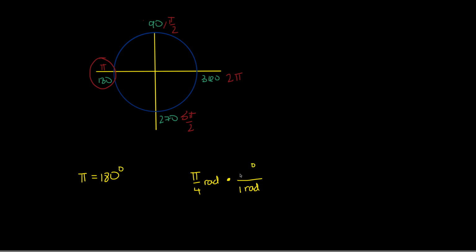And I know pi radians equal 180 degrees. Let's keep that straight. Pi radians equal 180 degrees. This pi and this pi and this radians will cancel out. So we get 180 degrees divided by 4, which is going to be 45 degrees.